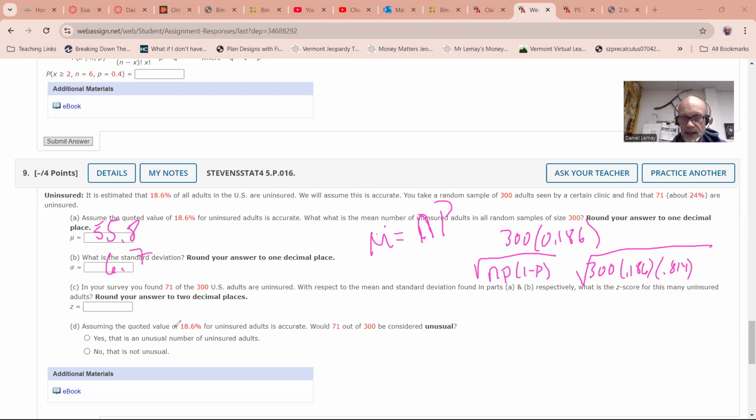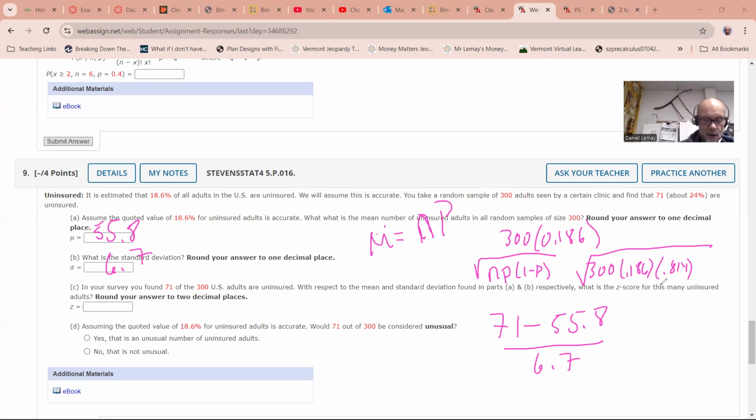Then they're asking to get the z-score. Well, the z-score, remember, it's the measure we're interested in minus the mean, divided by the standard deviation. And if we get that, let's see, what do we get? We get 71 minus the 55.8. We got 15.2. Then we divide that by 6.7.